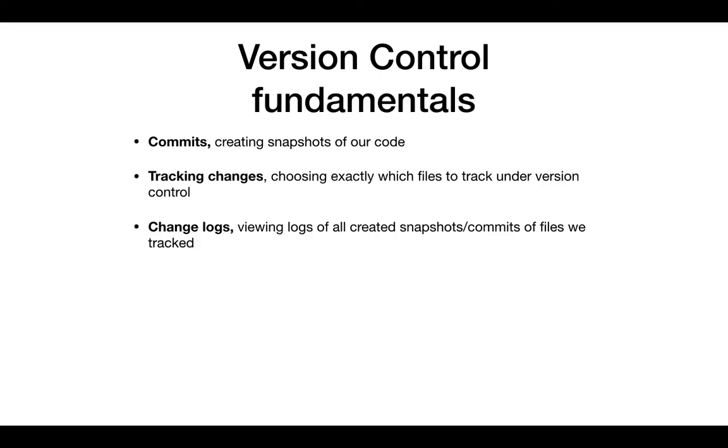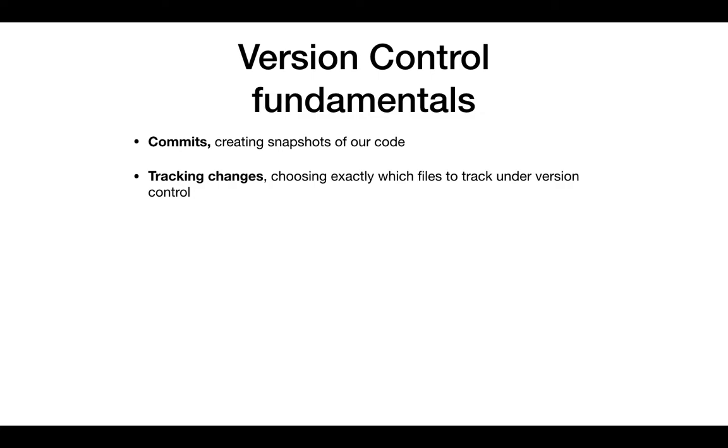So now let's take a look at the fundamentals of version control. The most fundamental concept we need to understand is the concept of a commit, which is essentially a snapshot of our code. So, taking a picture of what our code looks like at a current point in time. Now, what code do we mean? Well, that's what we mean by tracking changes.